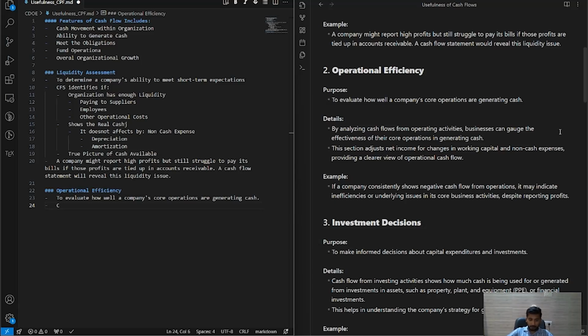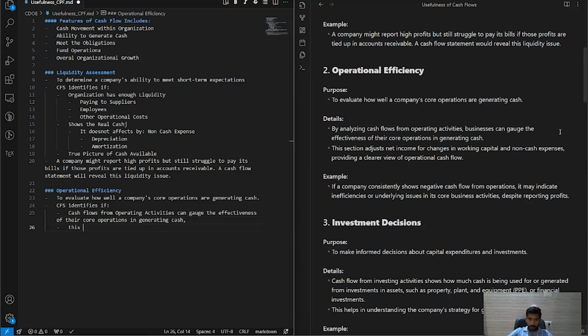It identifies if the cash flows from operating activities can gauge the effectiveness of their core operations in generating cash.